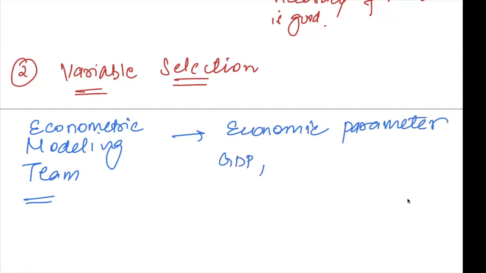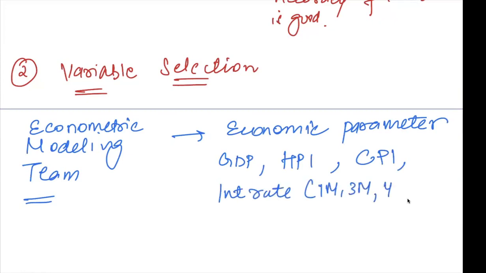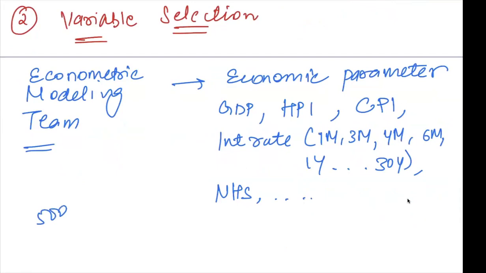GDP, housing price index, CPI, which is nothing but your inflation, and interest rates. This can be 1 month, 3 month, 6 month, 1 year, up till 30 year, right? New home sales. There are more than, I guess, 500 economic parameters that the econometric modeling team will give you.